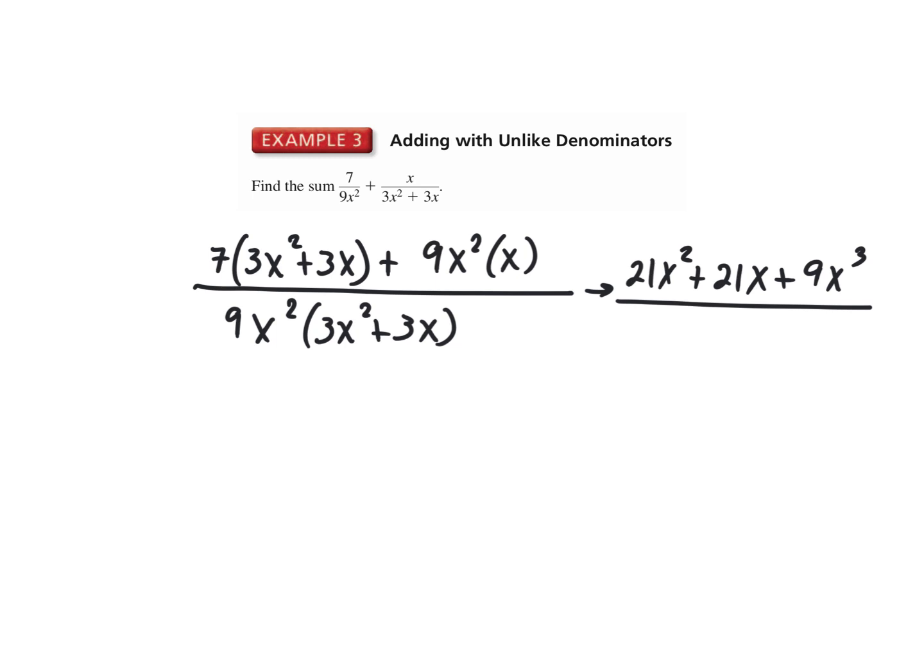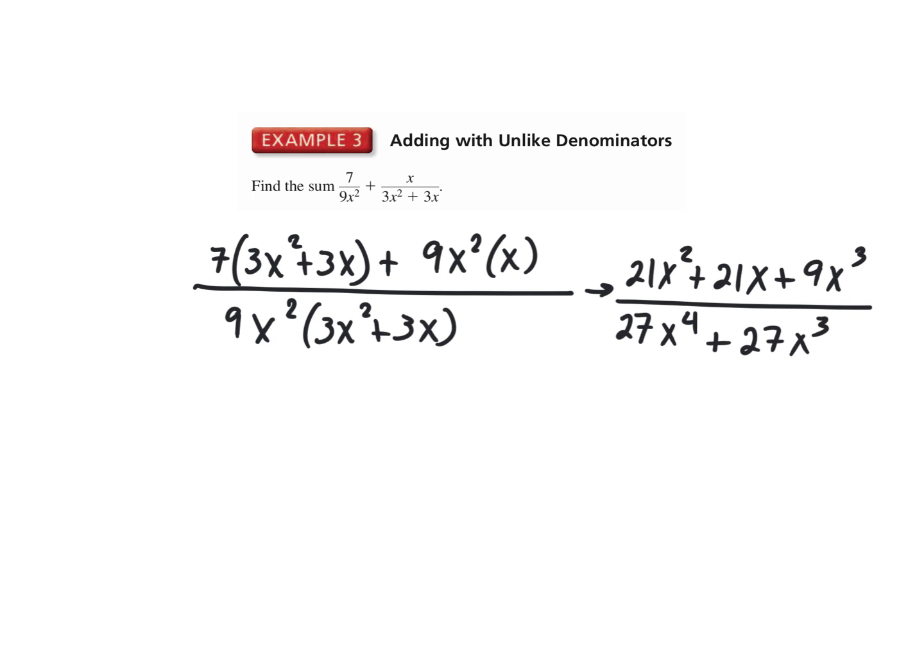I'm going to go ahead and do the bottom. So I'm going to get 27x to the 4th power plus 27x to the third power. I'm going to rearrange the top into standard form, as the bottom is already in standard form.